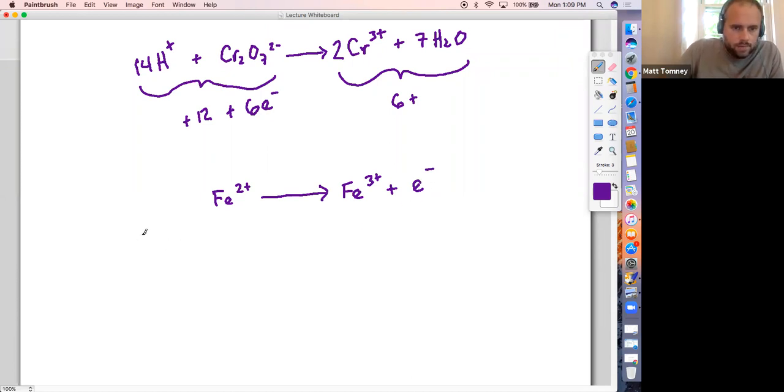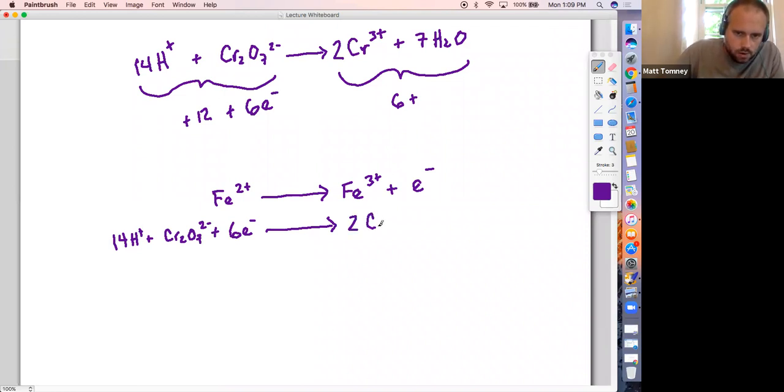Now I'm going to line this up so it's easy to put everything together while we're viewing it. So over here, I'm going to have 14 H plus, one of the chromate bundles, plus 6 electrons. And then over here, I said that I would have 2 chromium ions at 3 plus apiece, plus 7 H2O.